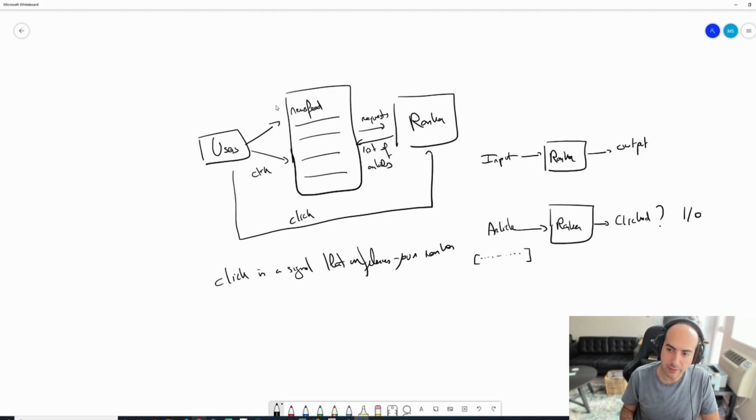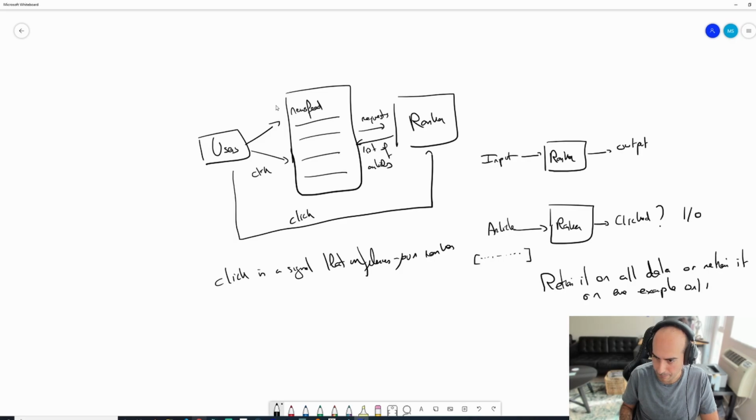But the idea is that every time you click, you're basically creating a new data point for your ranker. So now, do you retrain it on all data or retrain it on the new example only, right?